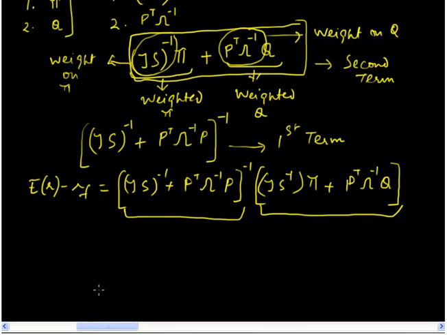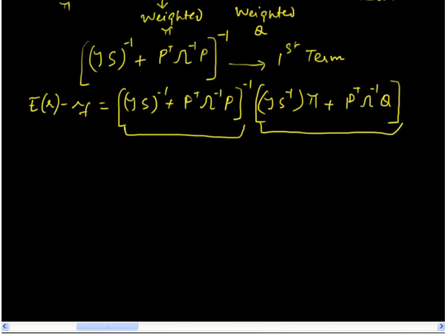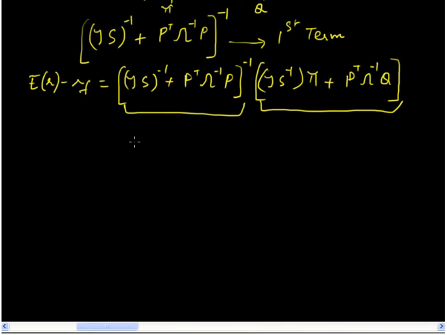Let us see how we are going to arrive at that vector. Let's work with the first term here. We have S and the inverse of S, which is going to be a 3 by 3 matrix, plus we have the transpose of P. What is the order of P?